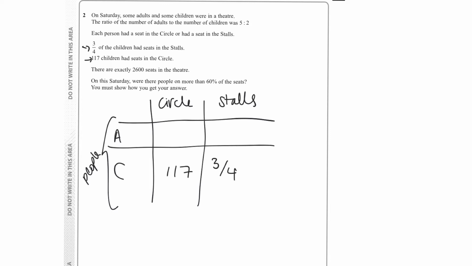So to work out the number of children in the stalls, if 3/4 of them are in the stalls, that means 1/4 of them are in the circle. So to work out what 3/4 is as a value, we would have to multiply 117 by 3. And if you put that into your calculator, you would be left with an answer of 351. So now we know how many children are in the stalls.